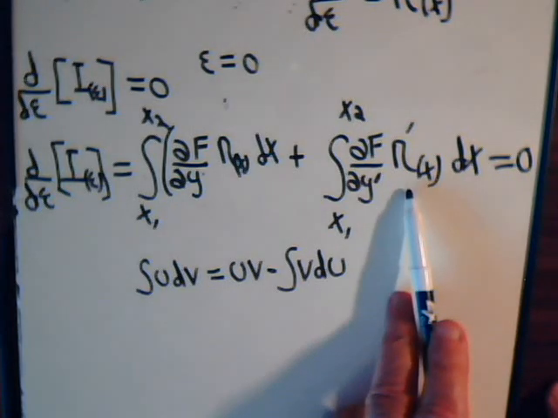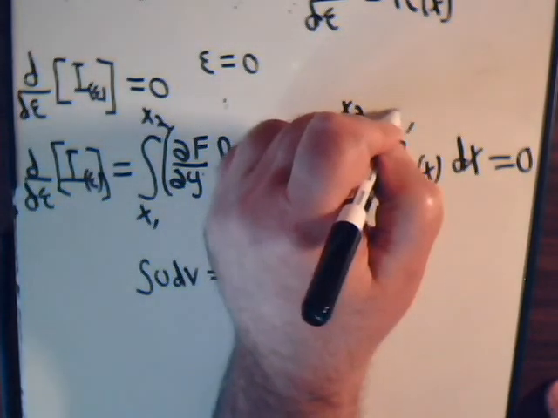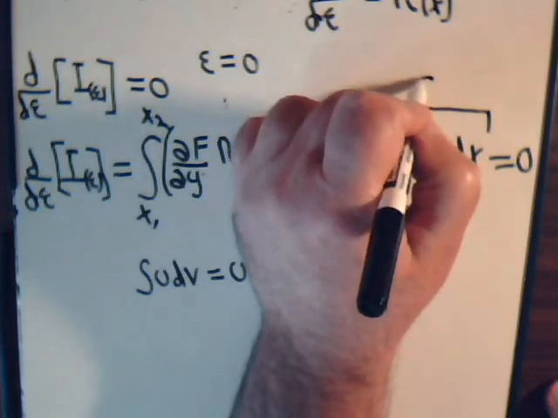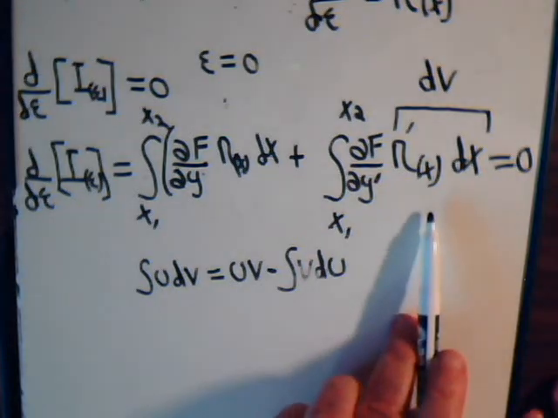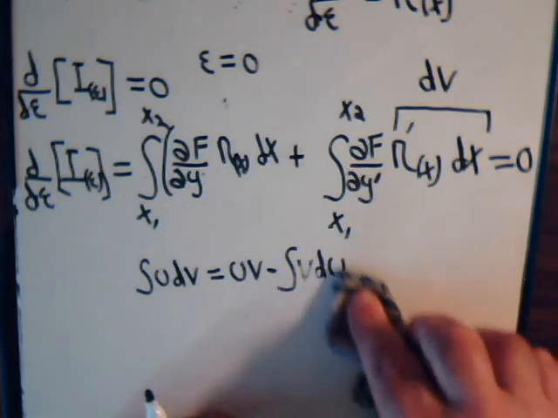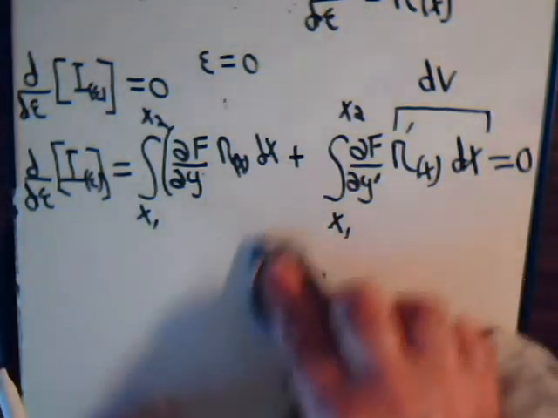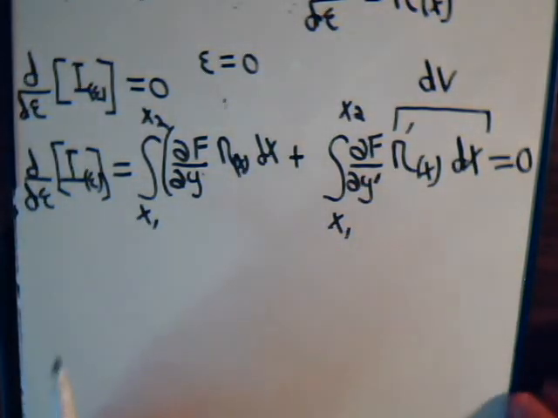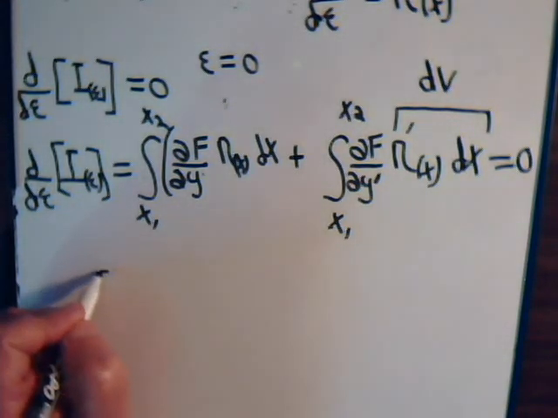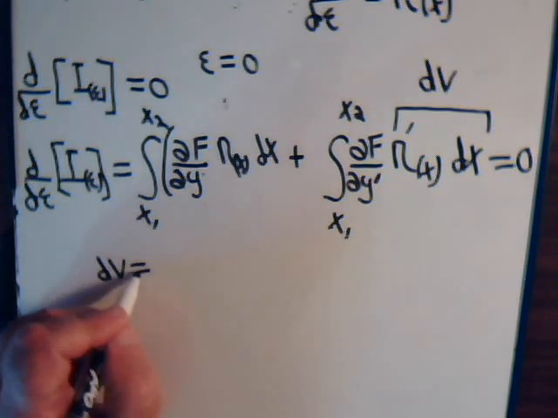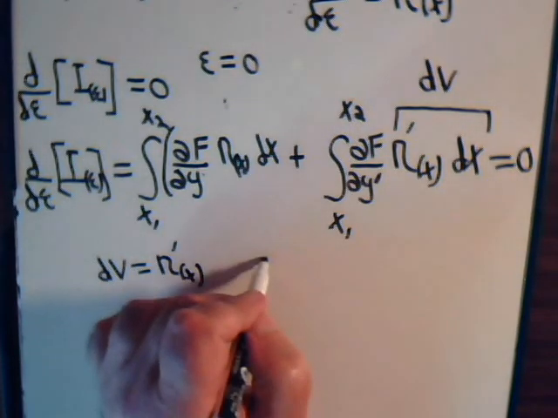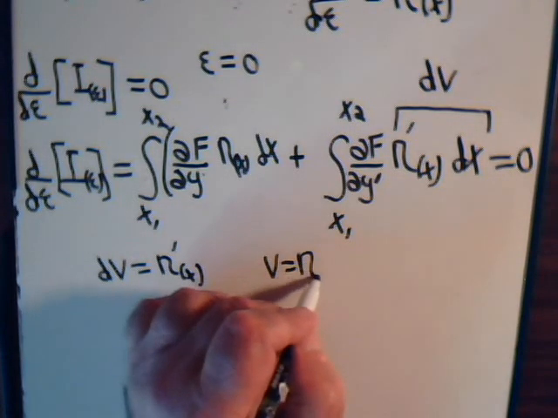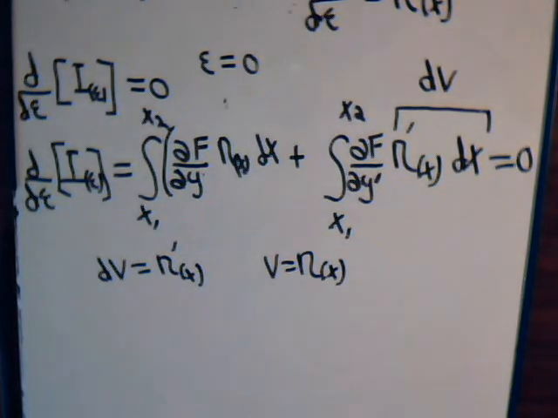So this is going to be dv. Then v is just going to be nu of x. So let's write it like that. dv is nu prime of x. Then v is just nu of x. Exactly the same thing as we did in the previous video.